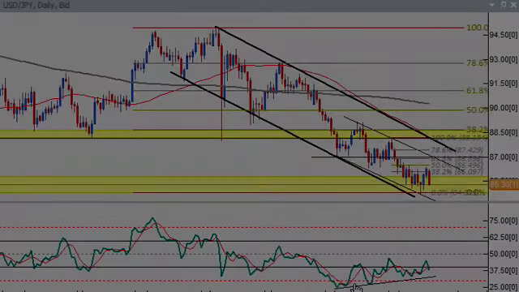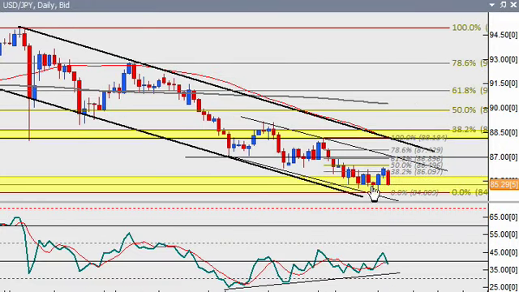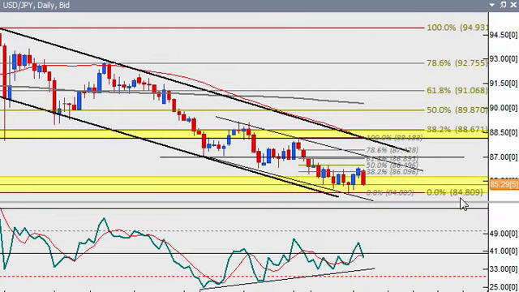The US dollar Japanese yen pair continues to be pressured. Last week we had a reversal candlestick combination here followed by another day, but today the market declined towards this previous bottom near 85, 84.80 area. So this 85 area continues to be hammered as support, and we'll see if the market can break below that.